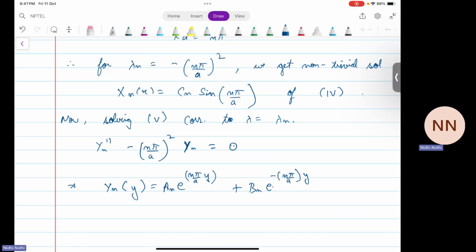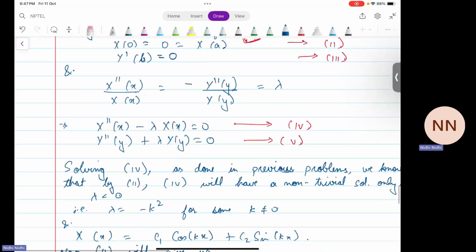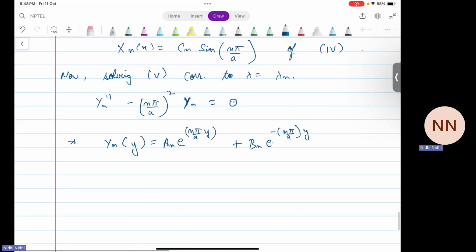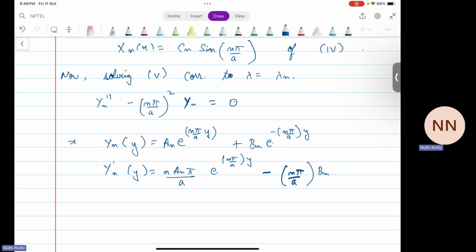So we had some initial condition for y as well. By equation 3rd, we have Y dash at b equals 0. So let's find the derivative first. Y_n dash is equal to a_n n pi by a e to the power n pi by a y minus n pi by a b_n times e to the power minus n pi by a y.